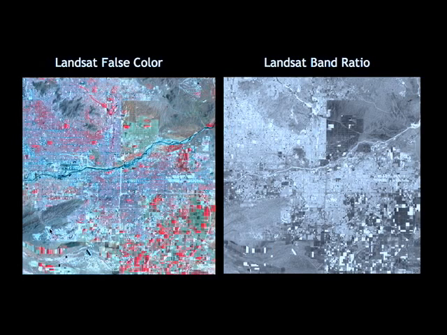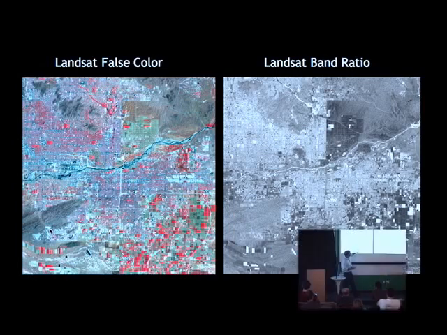My point is not to dwell on this, but to simply say, you see certain patterns and certain information if you look at just a, quote, normal color image. You see other information and other patterns if you start ratioing the images or in some other way trying to extract information from them. So for example, clear differences, say right here, between urbanized and non-urbanized can actually show up better in some of these ratios than they do in just the color image.